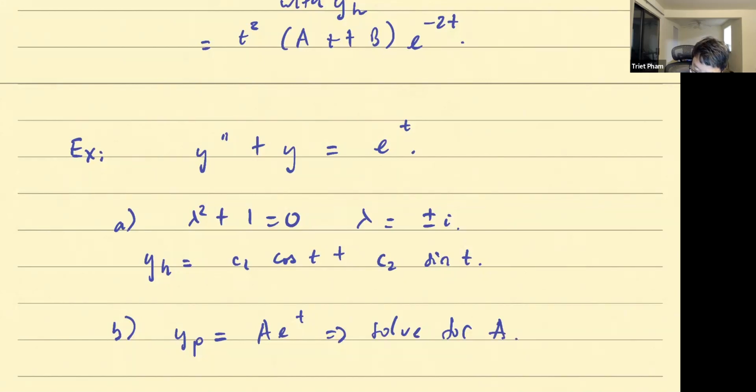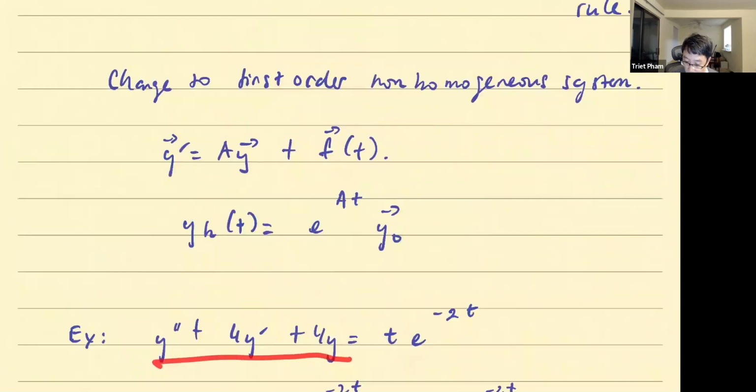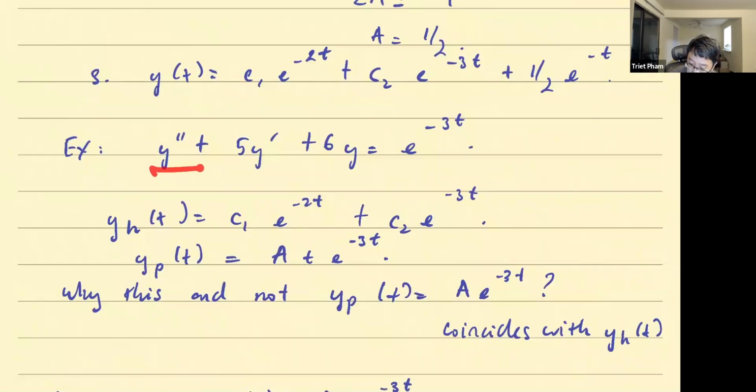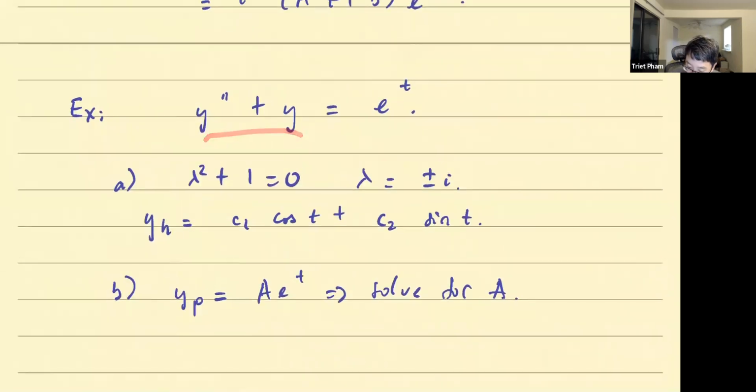So in this case, suppose I have a complex root. So you see what I was doing. This is a complex root. This is a repeated root. And this is two distinct roots. So with the complex root, and if the right-hand side is exponential, do I have any worry about any coincidence between my particular and my homogeneous solution?